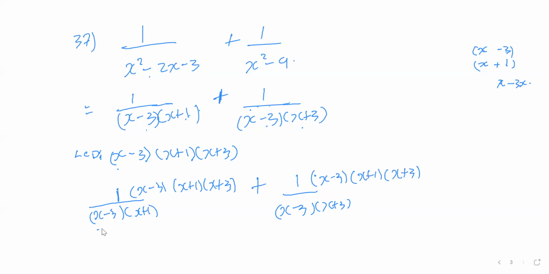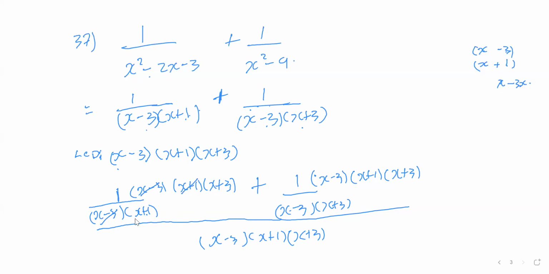Okay, divide all of this by my common denominator, x minus 3, x plus 1, x plus 3. Once I have this, I then eliminate these previous denominators. x minus 3 cancels with x minus 3, x plus 1 cancels with x plus 1, denominators eliminated. Same thing applies to this one, denominators eliminated.